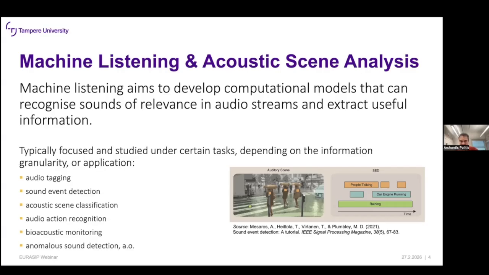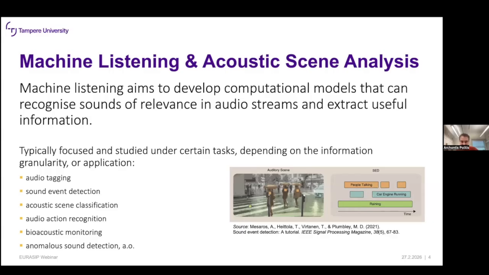Typically, this overall machine listening is split and studied under certain more specialized tasks, depending on the information granularity that we want to extract or the application itself. Some very common tasks are audio tagging, trying to find what kind of sounds are present in a recording, or sound event detection, which is trying to classify the sounds of interest in a recording, but also find when they are active, so temporal and semantic tracking of the sounds of interest.